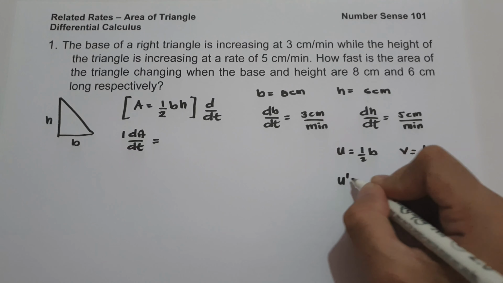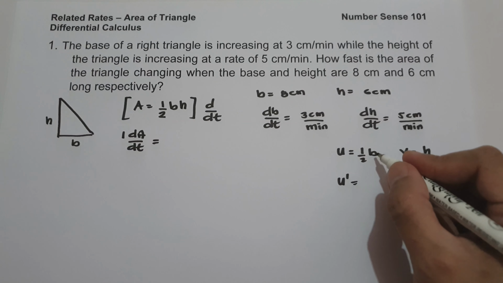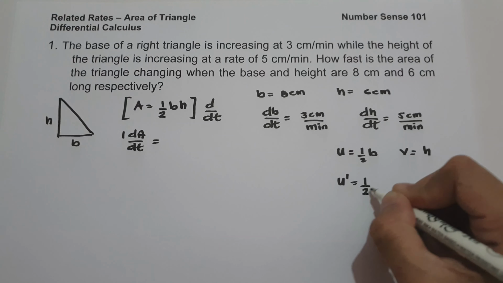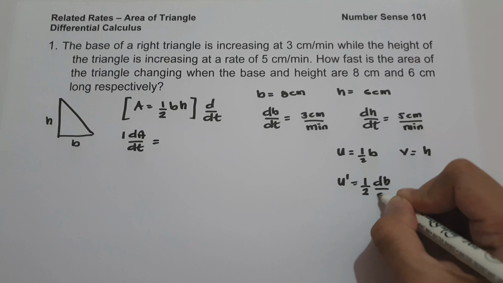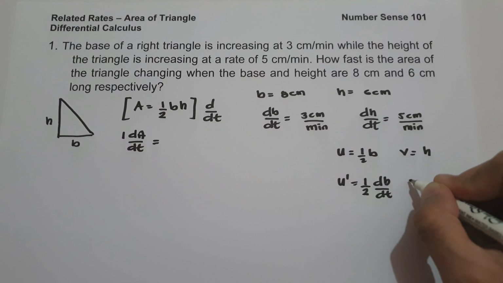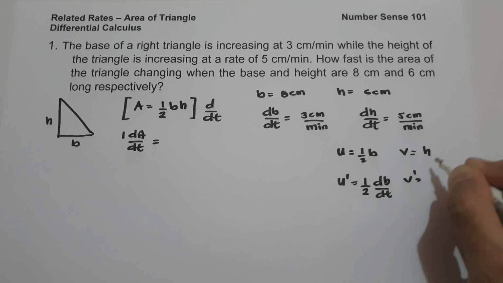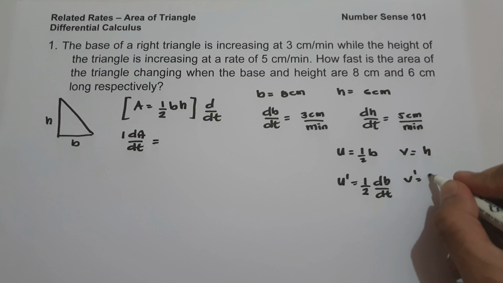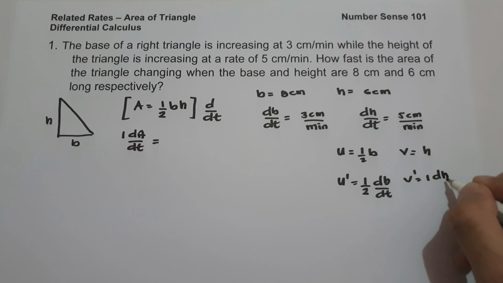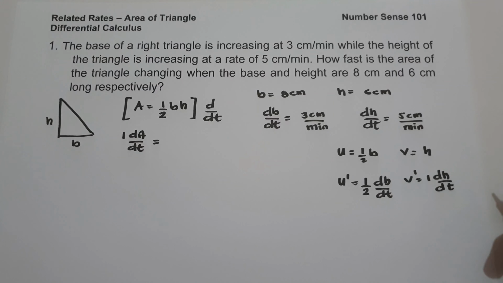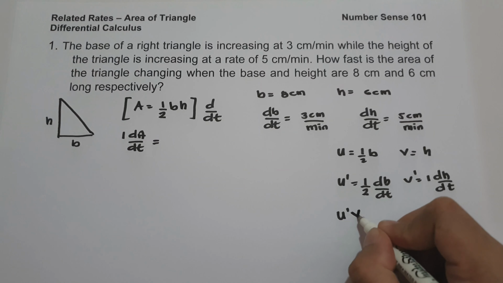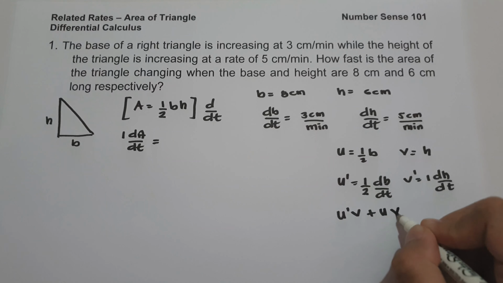And u prime, the derivative of 1/2 base with respect to time, is 1/2 dB over dt. And v prime, the derivative of h with respect to time, is dH over dt.